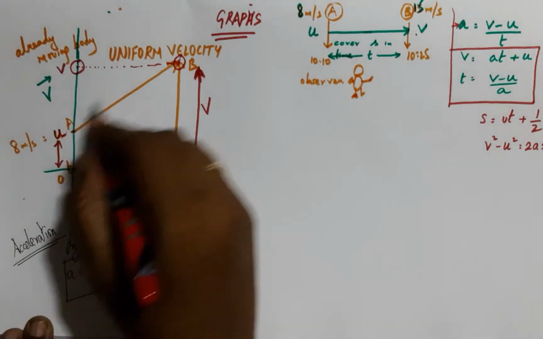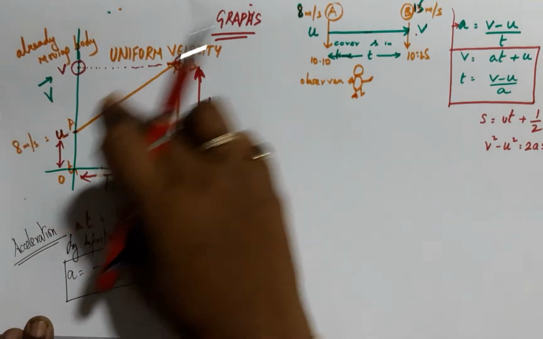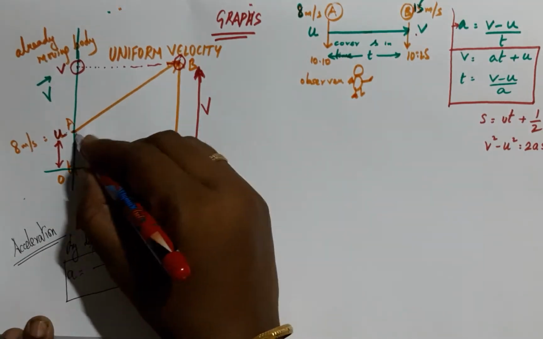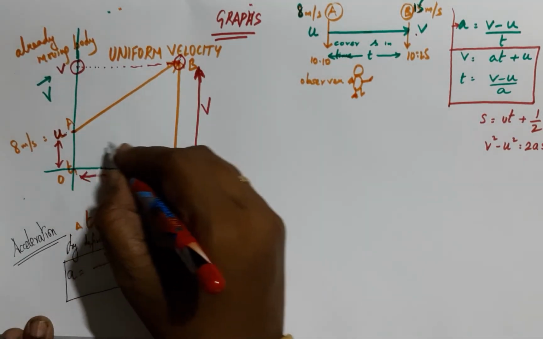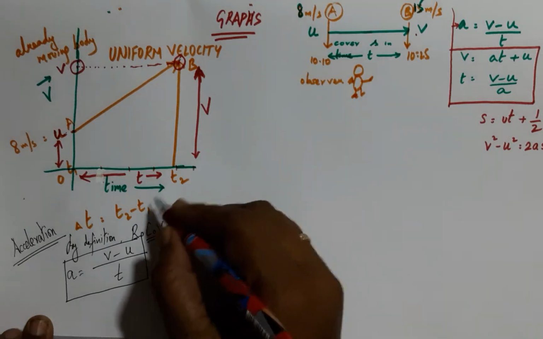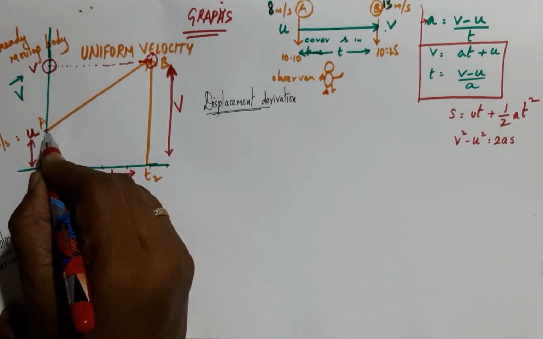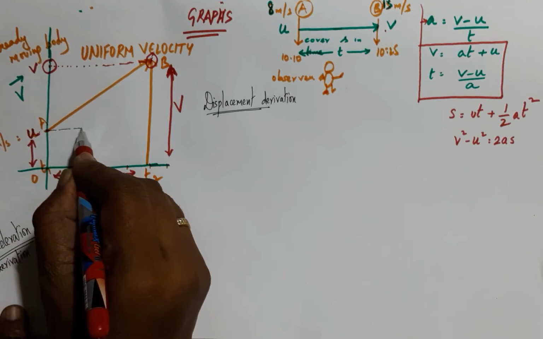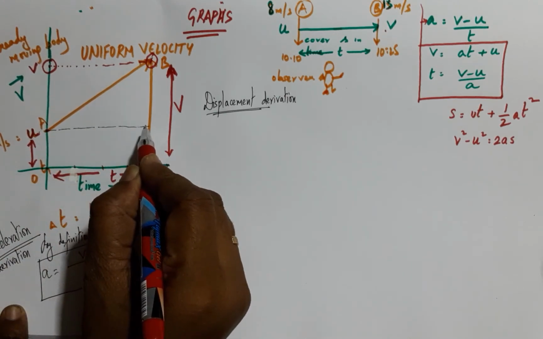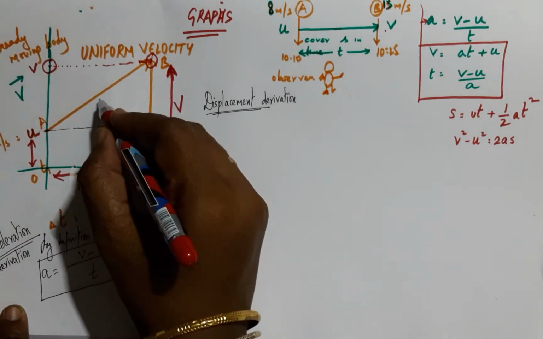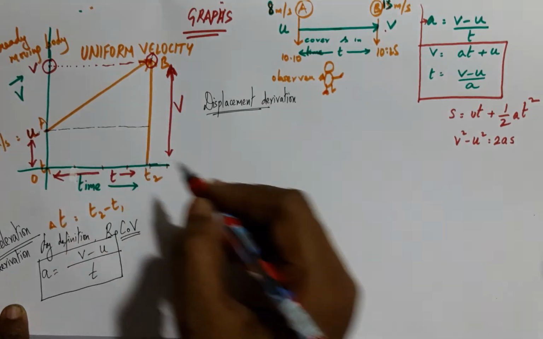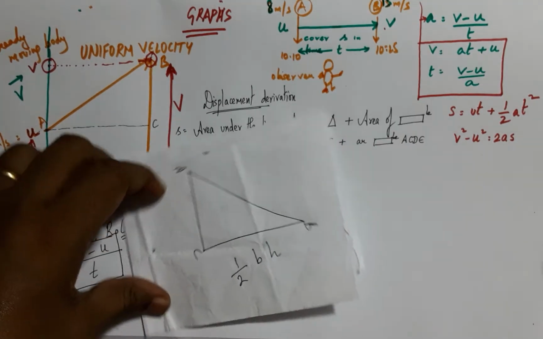And for displacement, the area of this figure under the line gives the displacement derivation. We can simply drop a perpendicular onto this line, and we can see that this is a right angle triangle and here there is a rectangle.